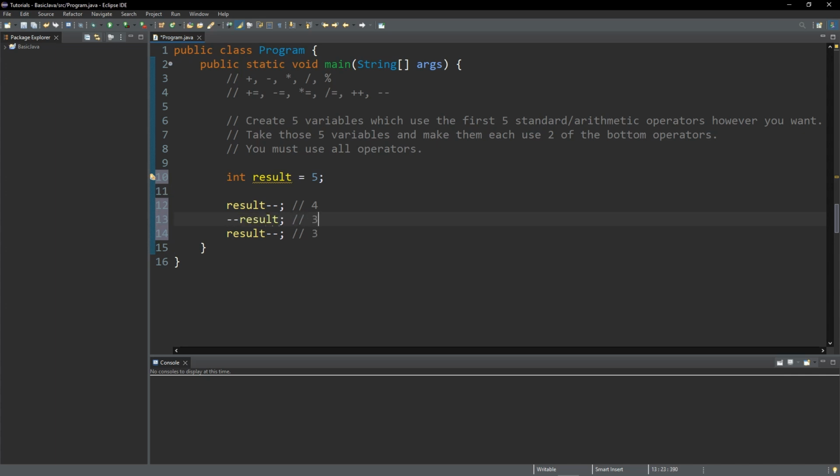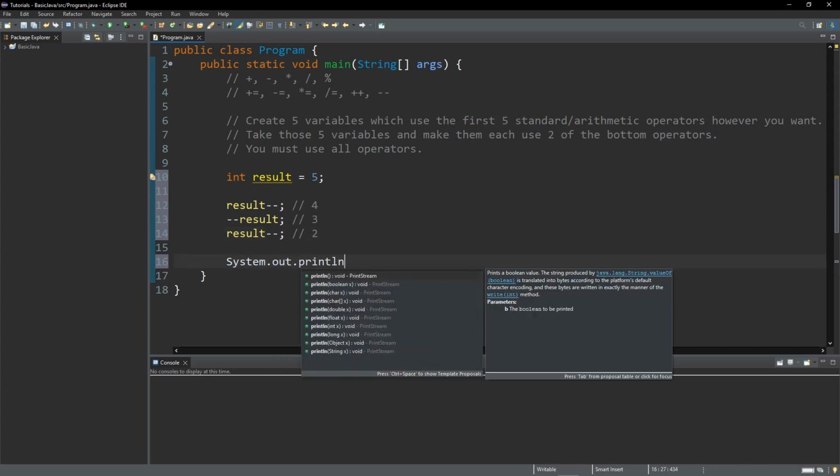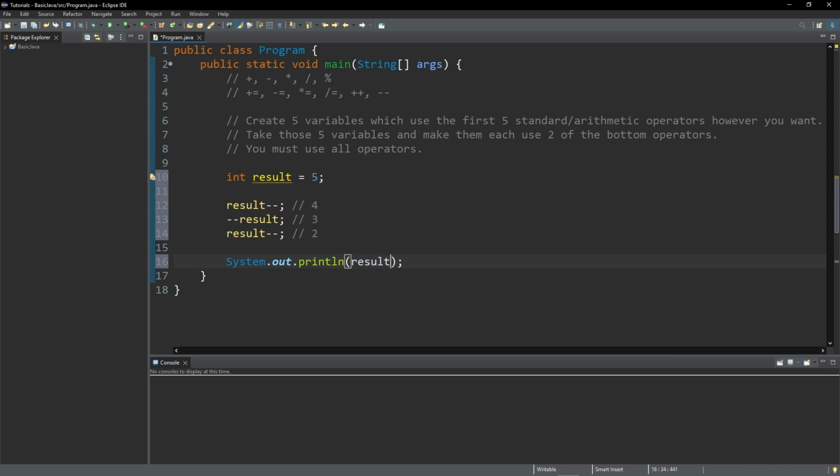Since we're here, it would give you 3 and 2, but if you were to print it out to the console like this, it would print out the 2, and then it would subtract 1 and store it as 1. But if you did minus minus result, it would do 2 minus 1 and then print.